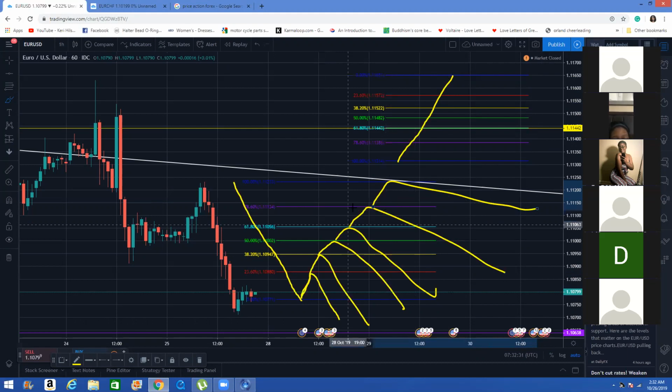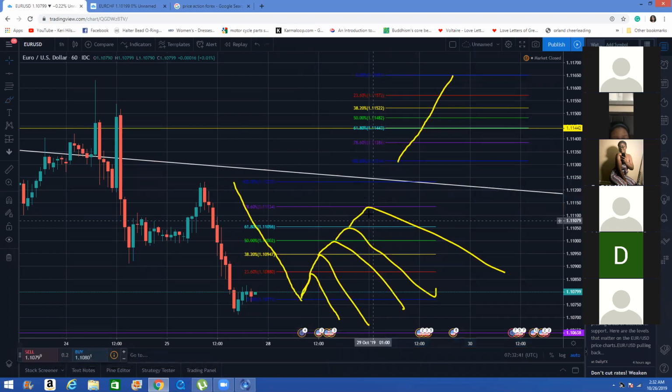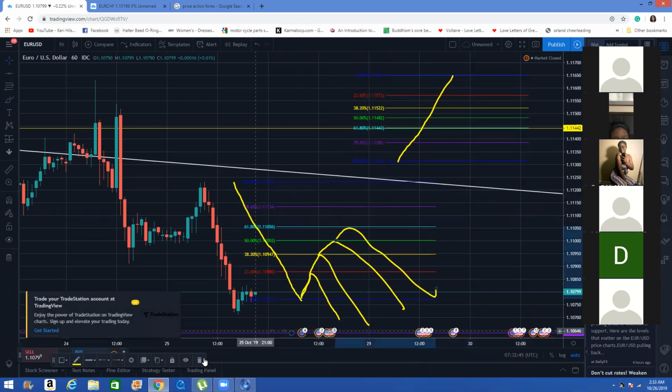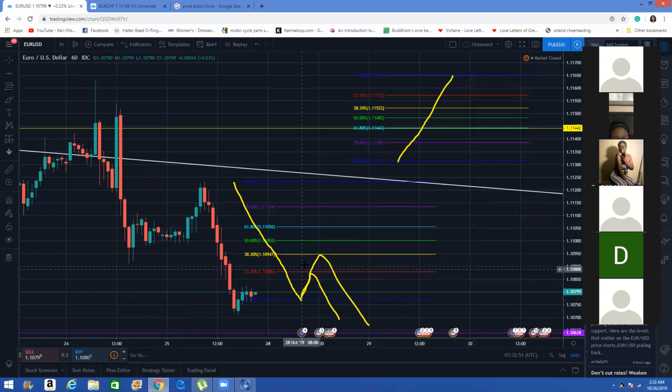But the most popular price reversal zones are the 618 and the 38. I like the 38 the most. So I'll explain to y'all how to use it on this move right here, and how we can see how far it could possibly pull back before it continues dropping.